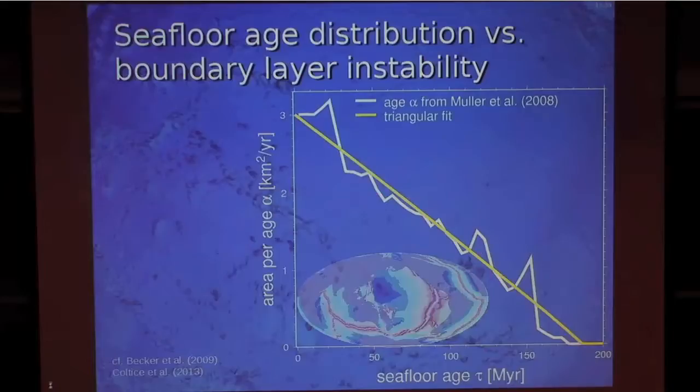Turns out when you go back in time and you believe these reconstructions, there is a fluctuation in this distribution, and it's apparently explained by sphericity of the Earth, interactions of the oceanic system and continents, but it's something we're just beginning to understand. So there's a first order constraint where at least the present day age distribution looks quite a bit different.